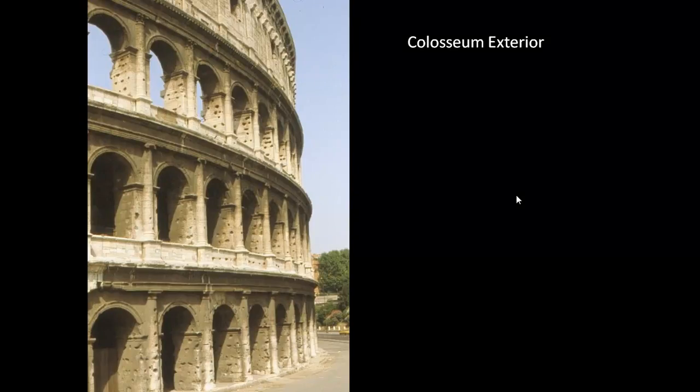So here we have the Colosseum exterior that I just wanted to show you a close-up of really quick. I wanted to show you a close-up of this exterior because you can see here that down this floor, this is where all of the entrances were located. And it's hard to see in this particular image, but some of the entrances were numbered. And they were numbered to function kind of as crowd control.